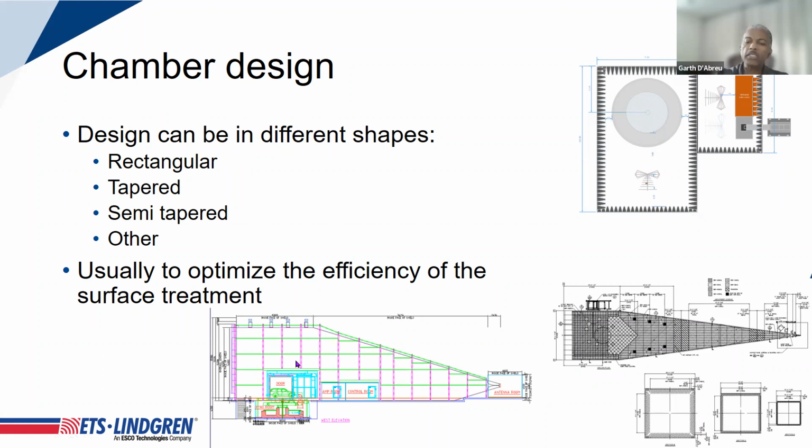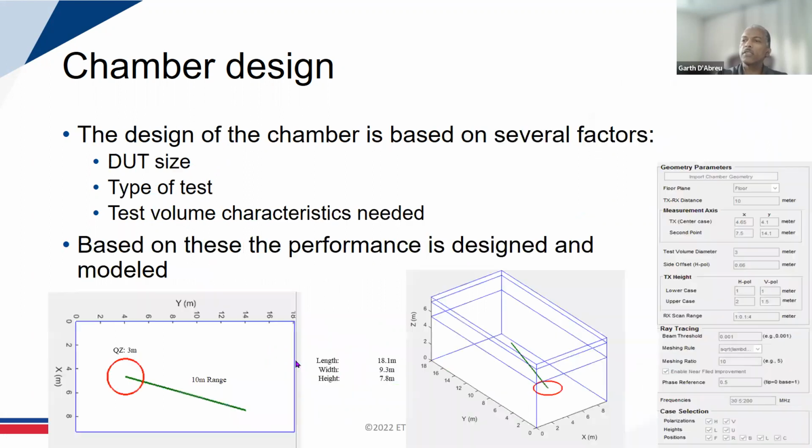So again, depending on the type of measurement and the range of tests, the chamber can be designed and optimized to try and meet as best as possible the overall needs of the required body.